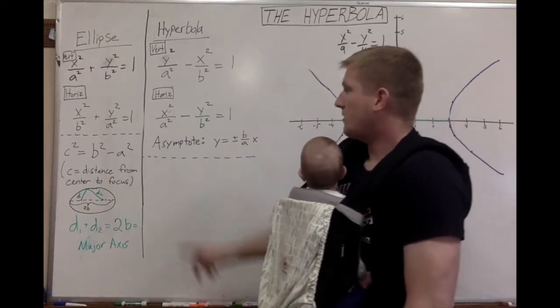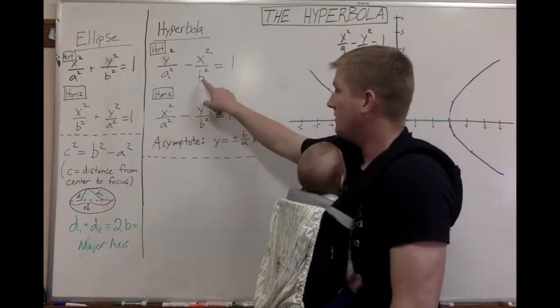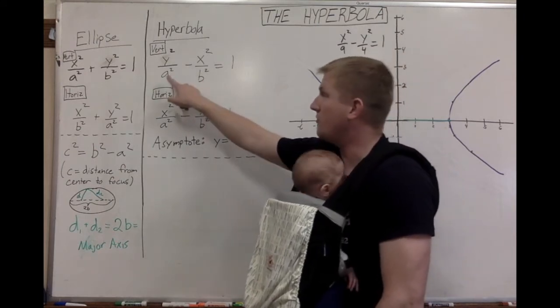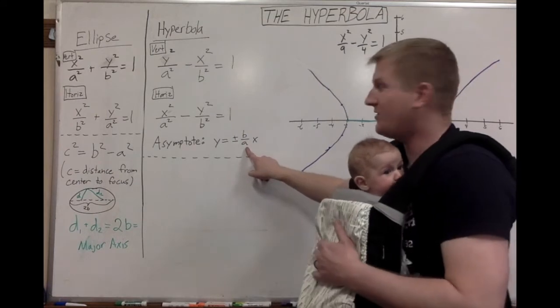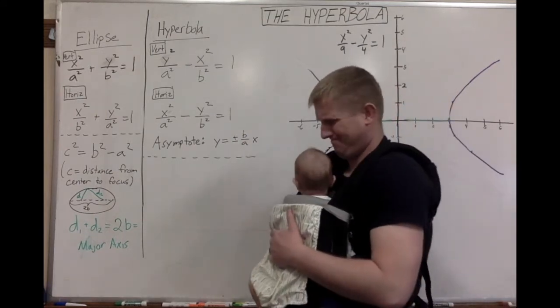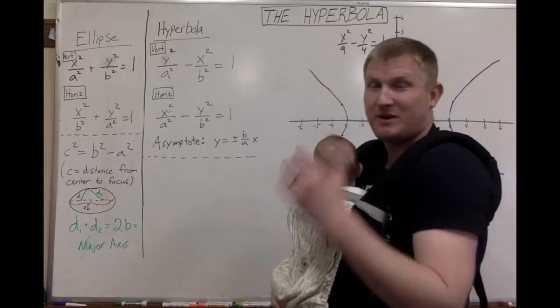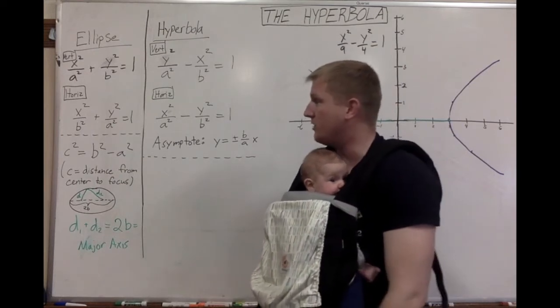The asymptotes are just going to be b over a. So take the second term, the one that's negative, square root it, and put it over the square root of the very first number, and we're going to get our slope for the two asymptotes, plus or minus. Okay, so this is what we know so far, and that's pretty easy, pretty general.